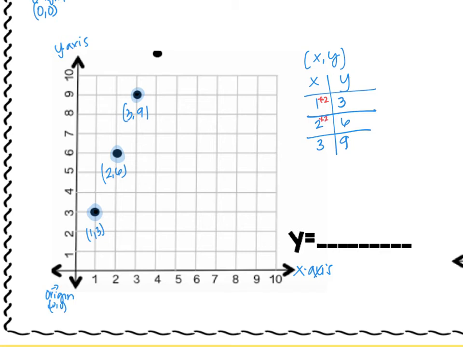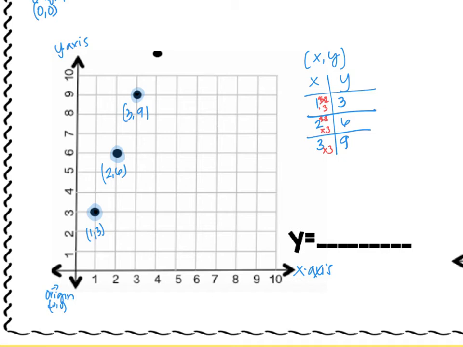Is 2 plus 2 6? Nope. So let's see if this is multiplicative. We have 1 to 3. So that would be 1 times 3 equals 3. 2 times 3 equals 6. And 3 times 3 equals 9.